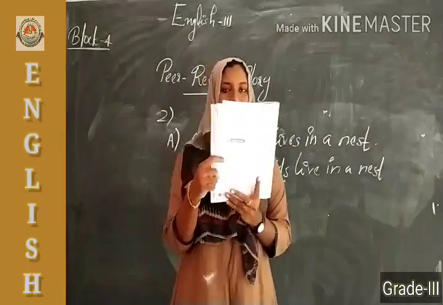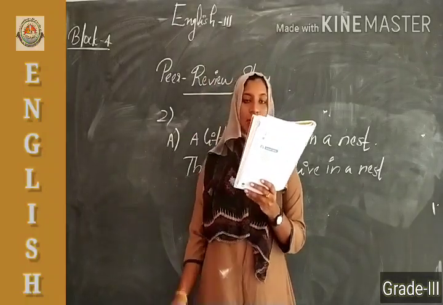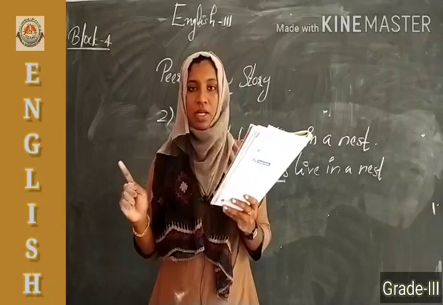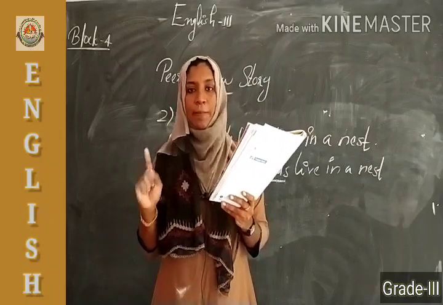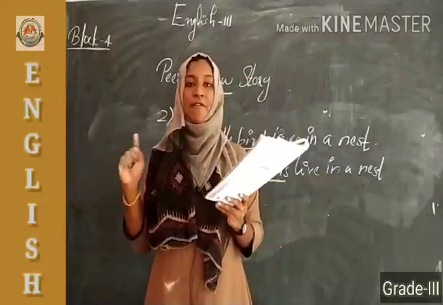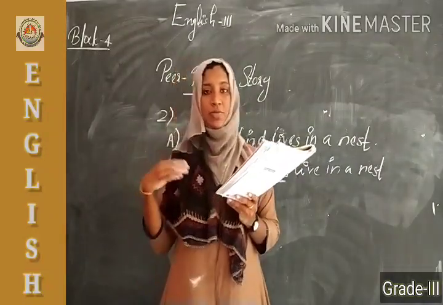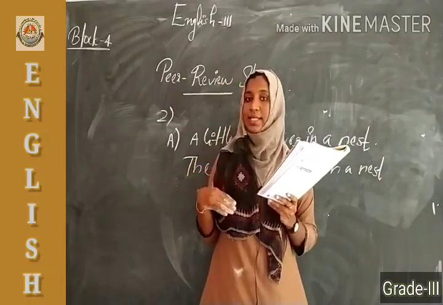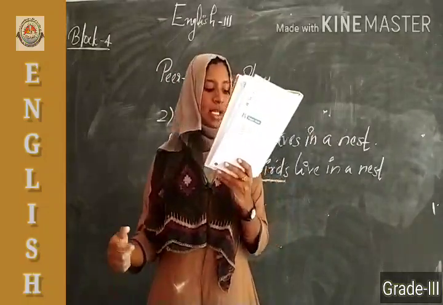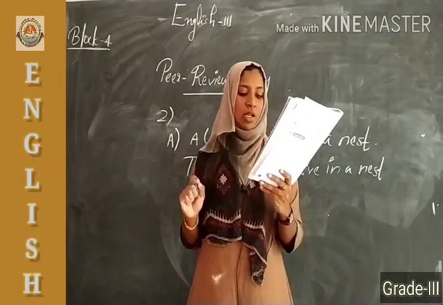Okay. And question number 3, fill in the blanks with correct verbs. Question number A, the birds dash in the sky. Birds is a plural word, so the verb is also plural. Is it clear? And here, the birds fly in the sky. Why is it fly? Yes, the base form of the verb is always plural. So similarly, you have to write question number B, the children dash stories.